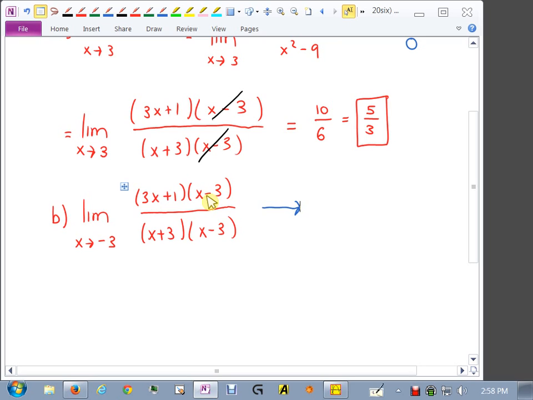Fixed number is positive. Is that a fixed positive number? Over 0. What happens when you get fixed over 0?